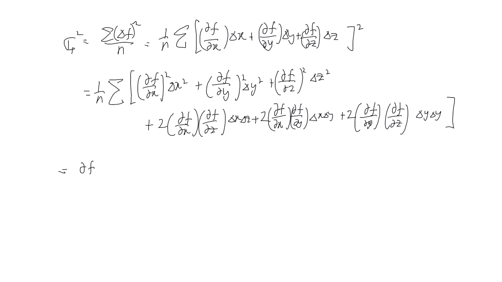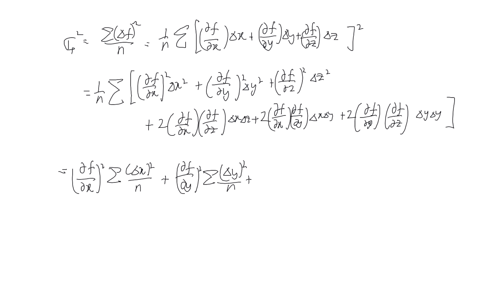So there is ∂f/∂x squared, summation of Δx squared over n, plus ∂f/∂y squared, summation of Δy squared over n, plus ∂f/∂z squared, summation of Δz squared.